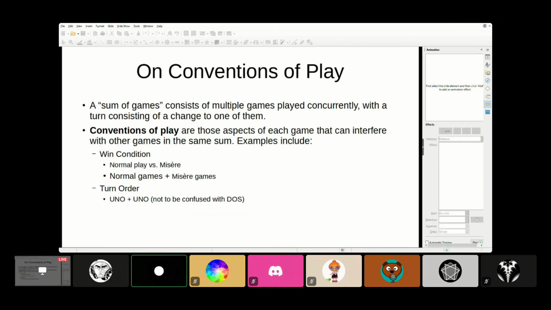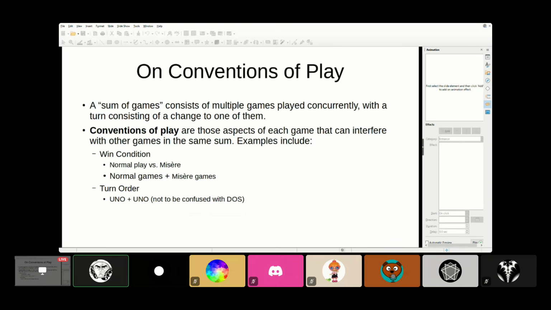But there's no issue raised there with the turn order swapping or two players going in the same game twice in a row because the other player went in a different game. Yeah, because in a normal combinatorial combination, one of the players can make a move in one game several times in a row from that game's perspective.